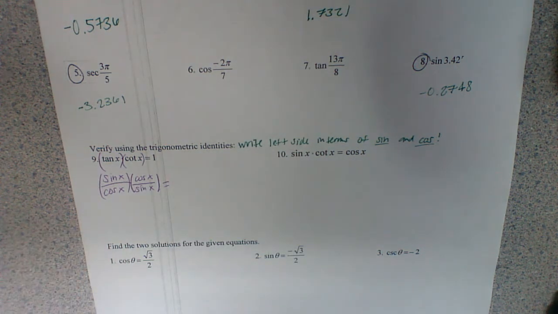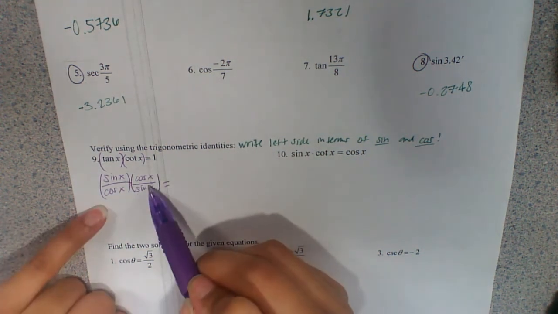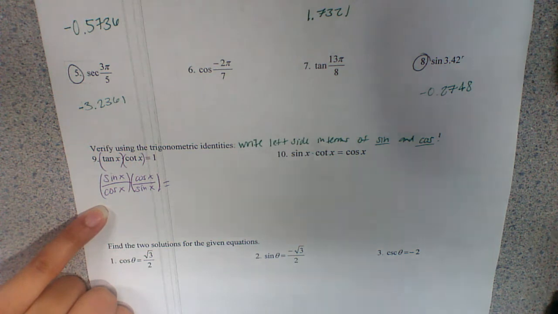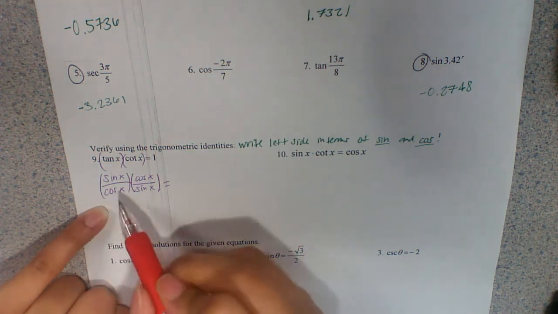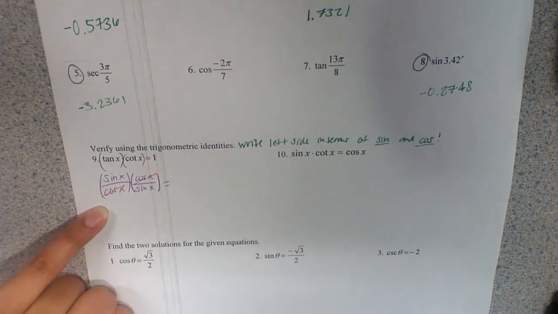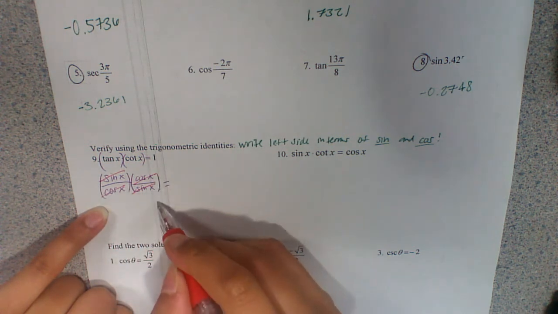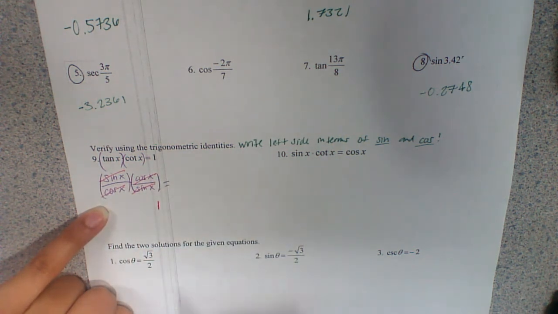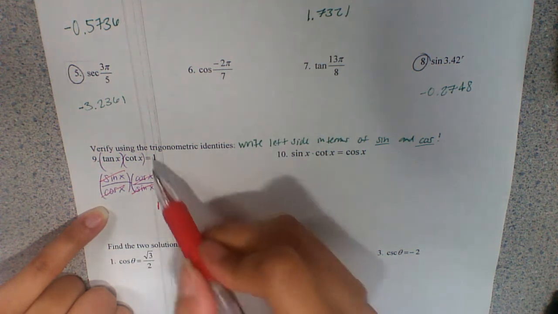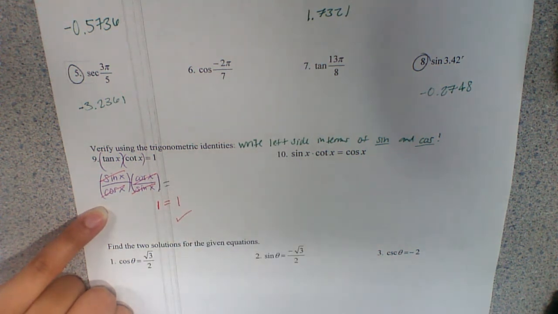And we want to prove that it equals the right side. So now let's see what happens here. If I take a look at that, I'm multiplying these two fractions, and I do have cos that are diagonal to each other, and I have sine that's diagonal to each other, and all of a sudden, I have nothing left. Just be careful, guys. Even though everything is gone, really what's left is a simple 1, which does equal the 1 from the right side, and there you go, done.